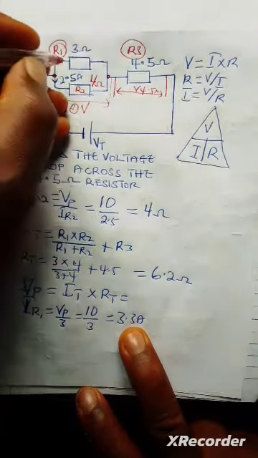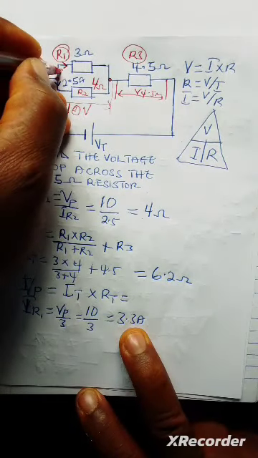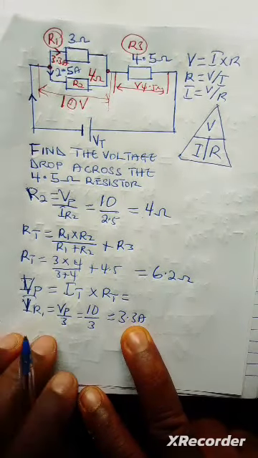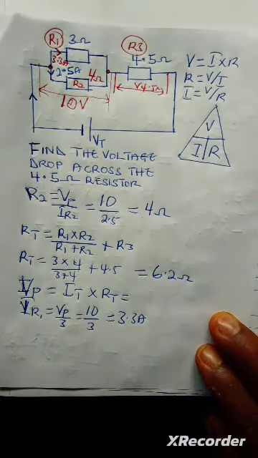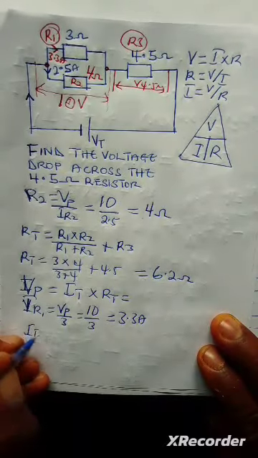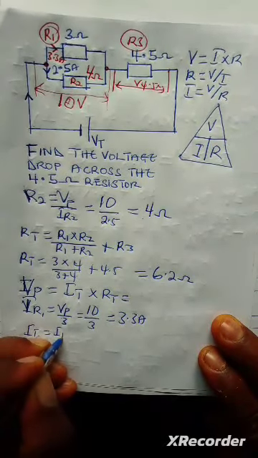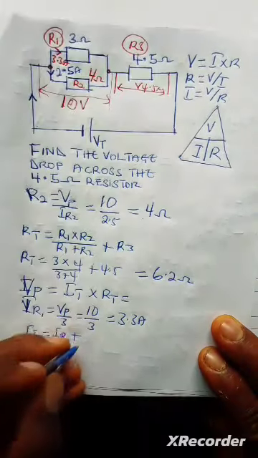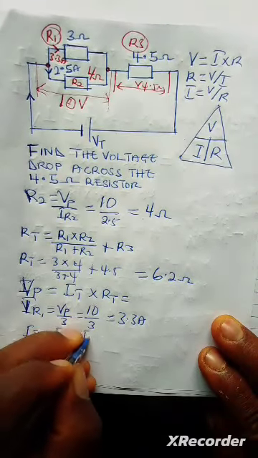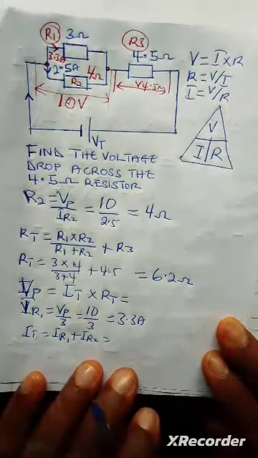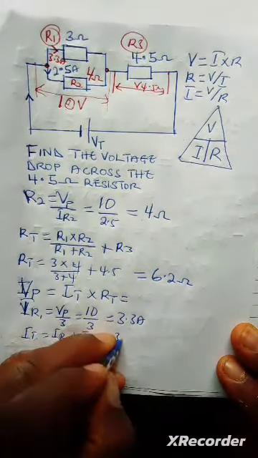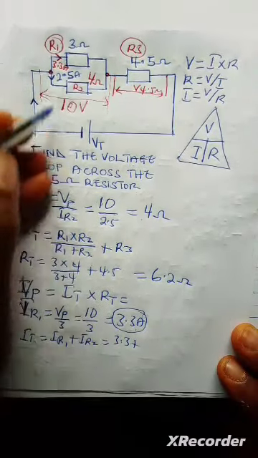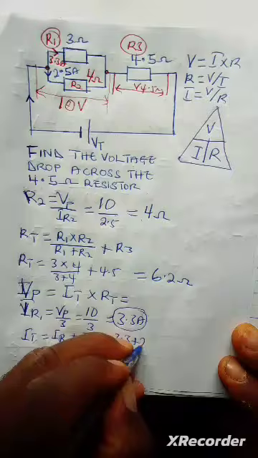So the current flowing in R1 is 3.3 amps. Now if we want to find the total current, we say total current equals the current flowing in R1, which is 3.3, plus the current flowing in R2, which is 2.5.